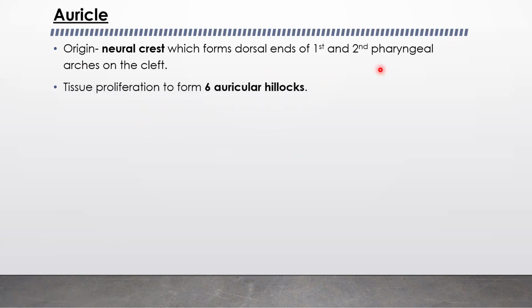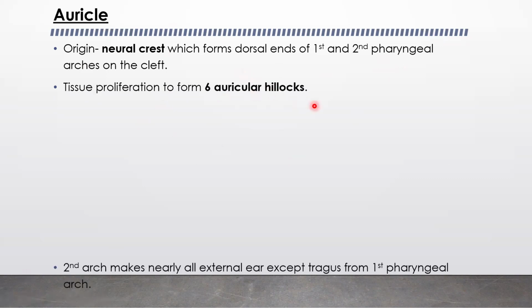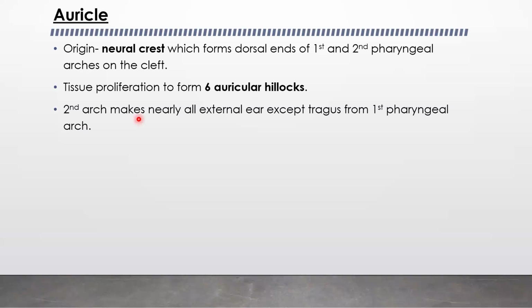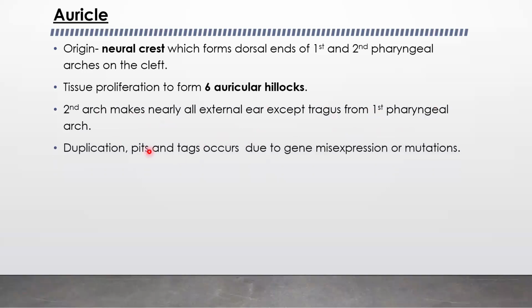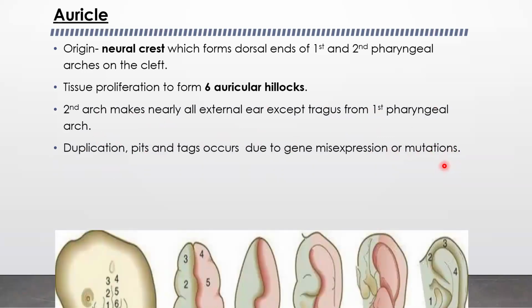You'll have these neural crest cells on these two pharyngeal arches proliferating to give us six auricular hillocks. After that, the second arch makes almost the entire external ear, except the tragus, which comes from the first pharyngeal arch. Whatever happens, duplication, pits, and tags occur due to gene misexpression and mutations.